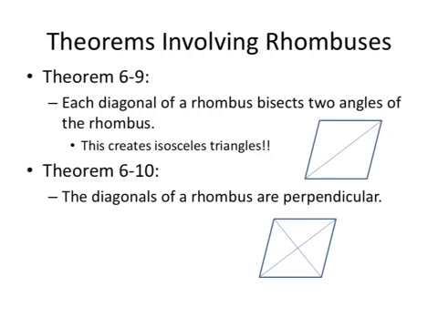So let's go back to our rhombus page and add some theorems about rhombuses. Theorem 6.9 says each diagonal of a rhombus bisects two angles of the rhombus. Now let's take a look at what this is going to look like. So we have a rhombus, we have a diagonal here, and we're going to say it bisects two angles of the rhombus.